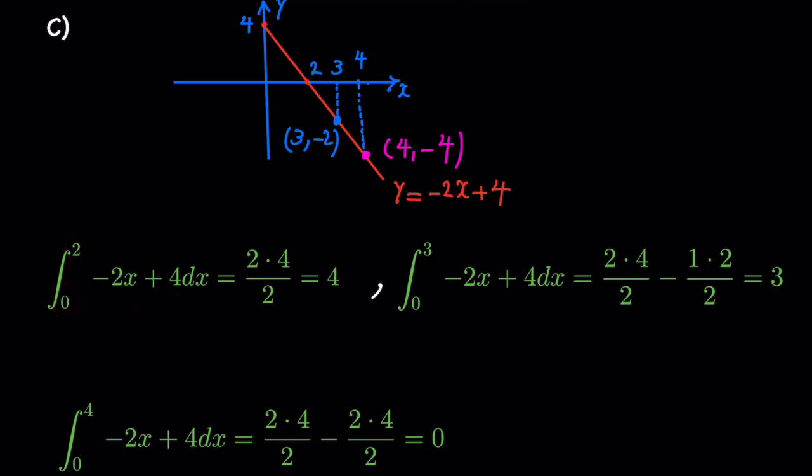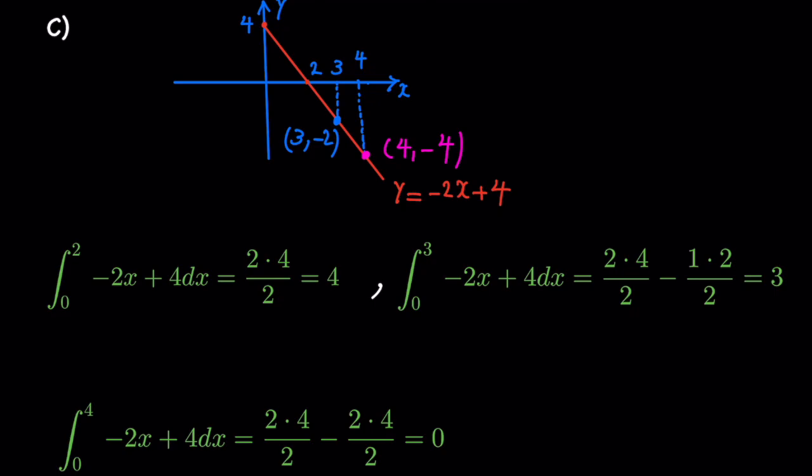Let's look at this region that lies between 0 and 2. This is 0, that's 2. It's going to be the area between 0 and 2 and between the graph of this function and the x-axis. So it's going to be this region here. All I need to do is find the area of that triangle.